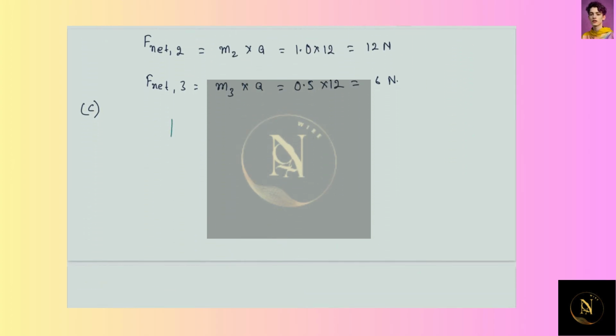If we draw the free body diagram for the first block, from the left-hand side a 36 Newton force is acting, and from the right-hand side the N2 force is acting. For the second block, from the left-hand side the N2 force is acting, and from the right-hand side the N3 force is acting.